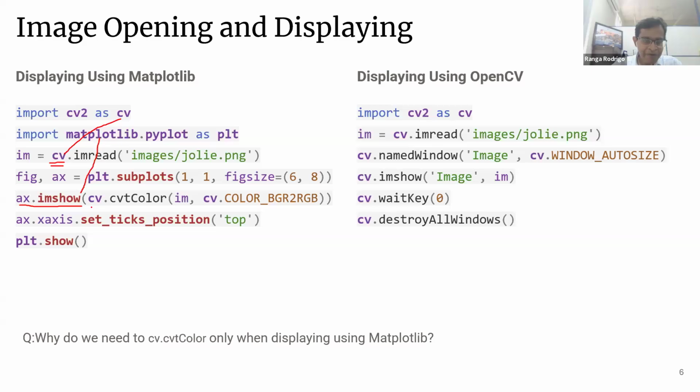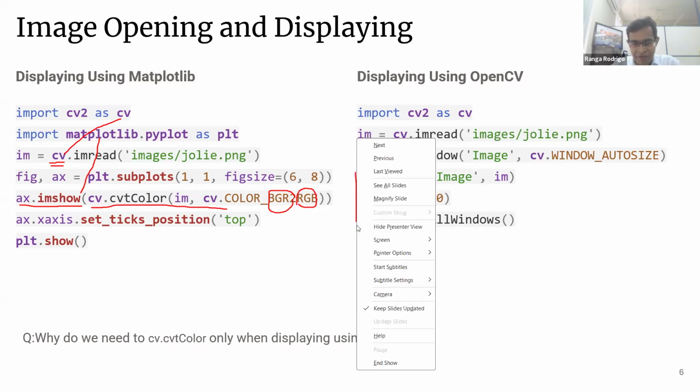So therefore, we have to use cv.cvtColor. We have to convert from BGR, which is OpenCV's way of assigning colors, to RGB, which is Matplotlib's way of displaying images. But you don't have to do that if you use OpenCV itself to show it.